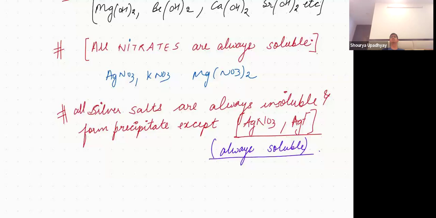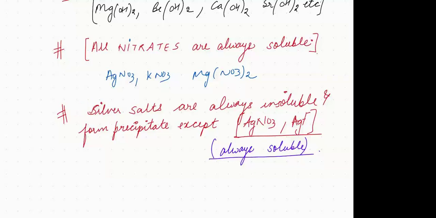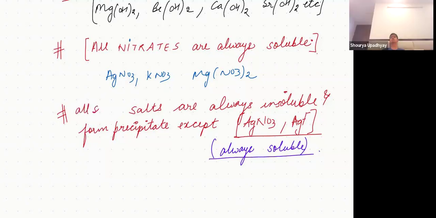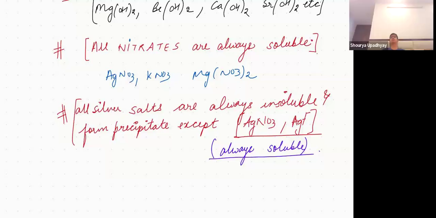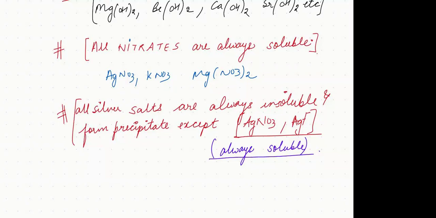Yes, ma'am. Right. So this is very, very important. Got the point or not? Yes, ma'am. Okay. So you understand a very important point here. It says that all silver salts are always insoluble and they form precipitate except AgNO3 and AgF.